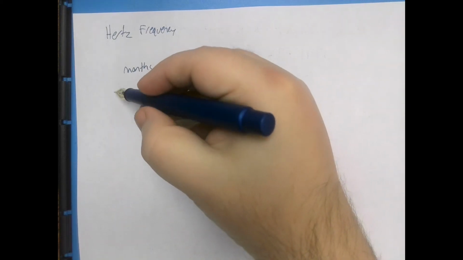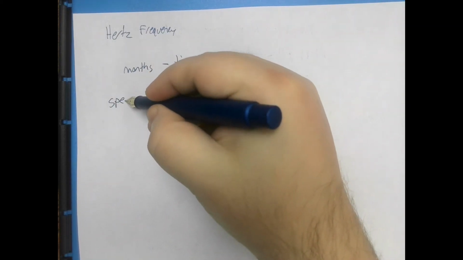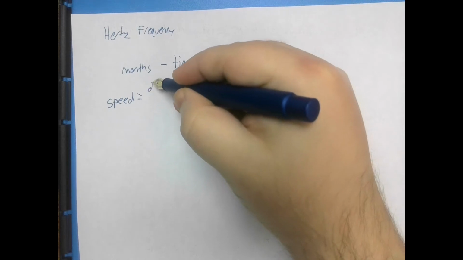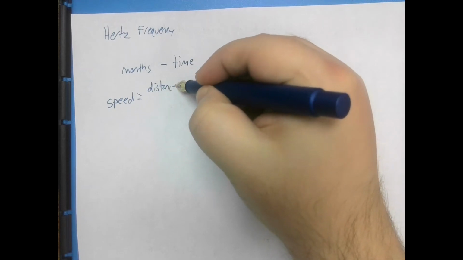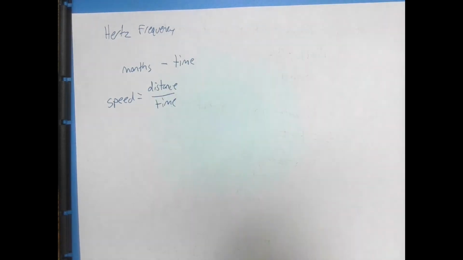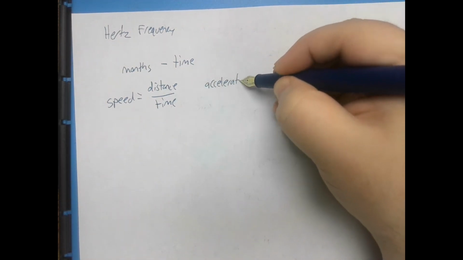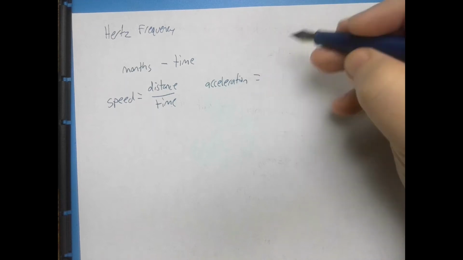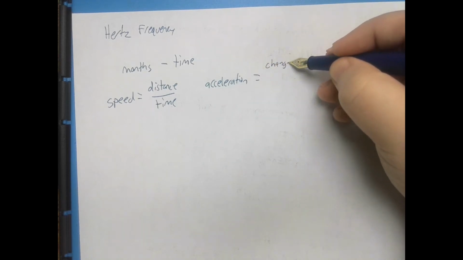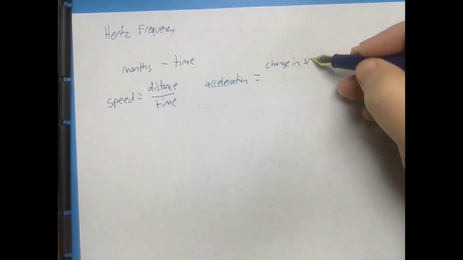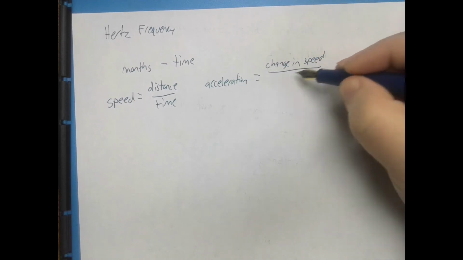So let's go over quickly what all of our equations were. Speed is equal to distance over time. Acceleration is equal to change in speed over time.